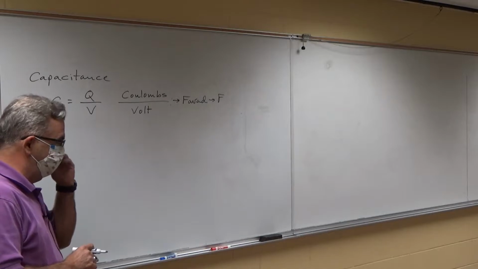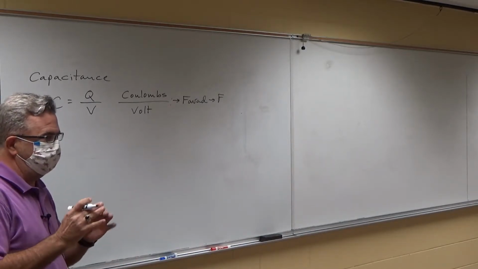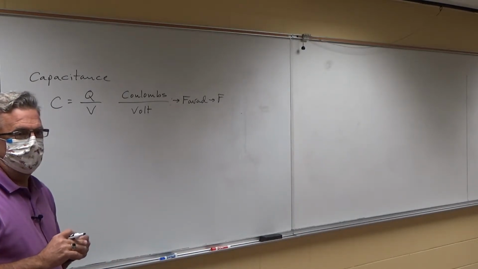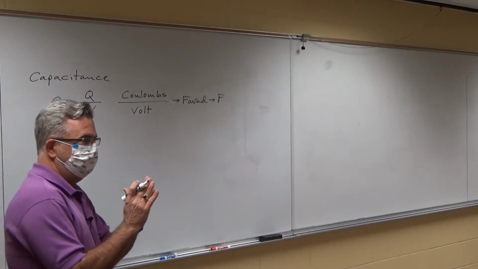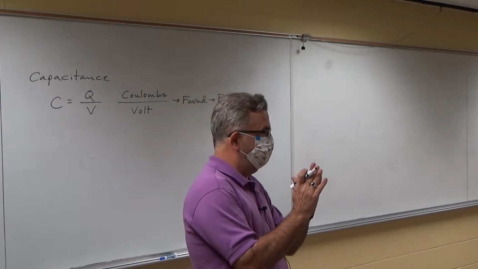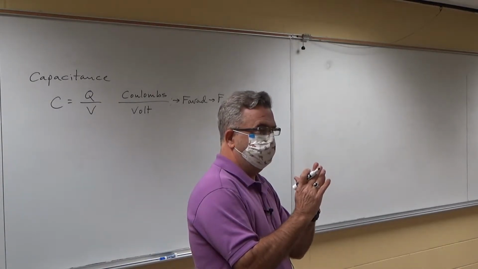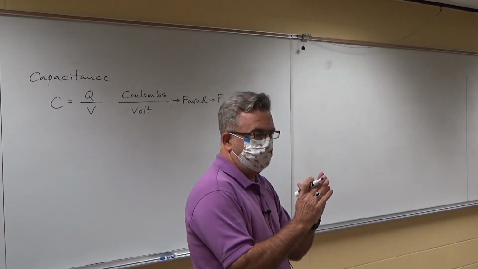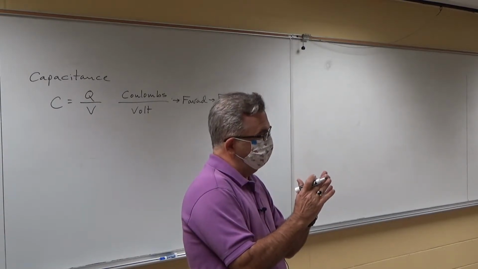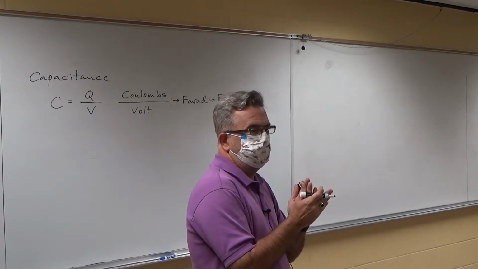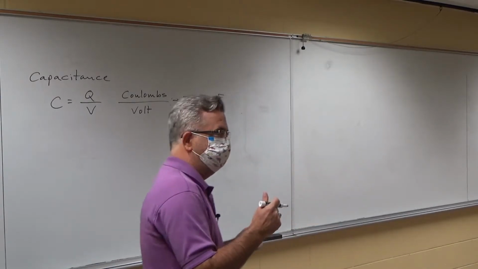Capacitors, we looked at probably the simplest case, which is a parallel plate capacitor. It's just two plates separated by some distance d, and you get an electric field between the plates. You're storing charge on the plates, and there's energy stored in that electric field.